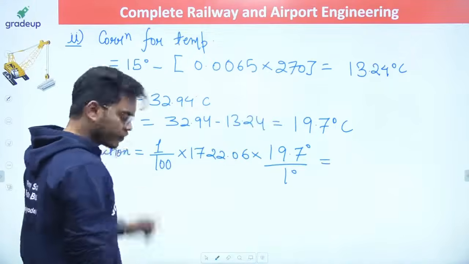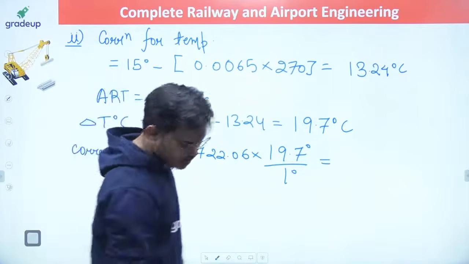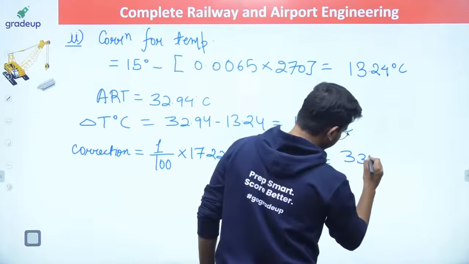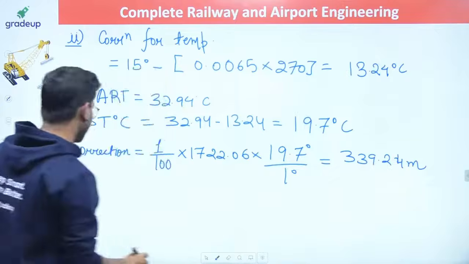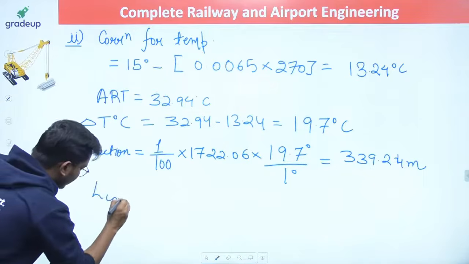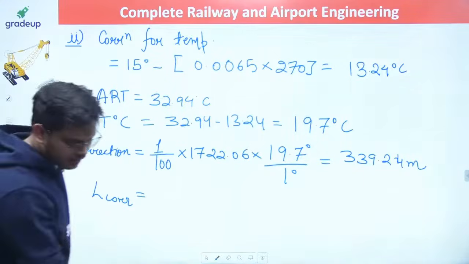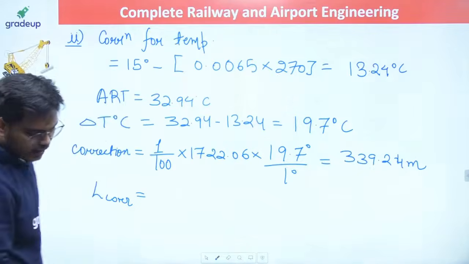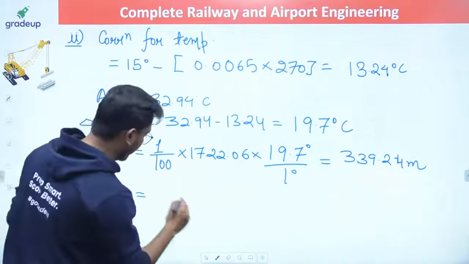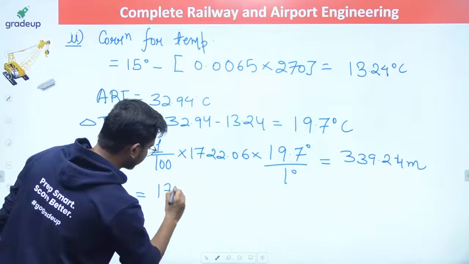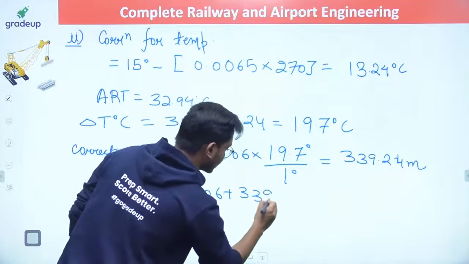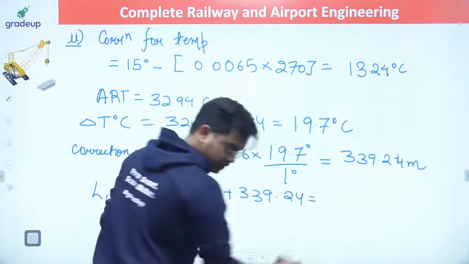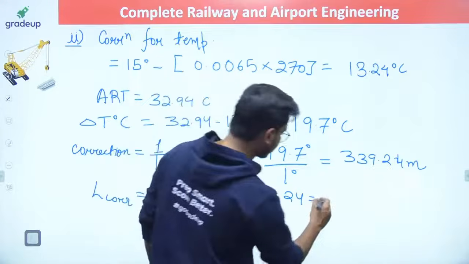So this value of correction will be 339.24 meter. The corrected value after this will be 1722.06 plus 339.24, and this value is 2061.3.